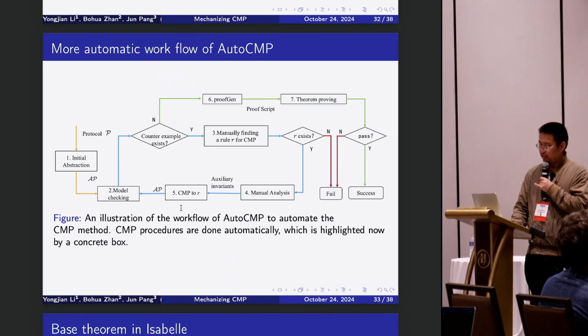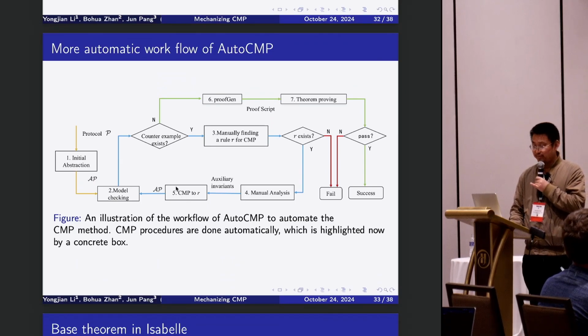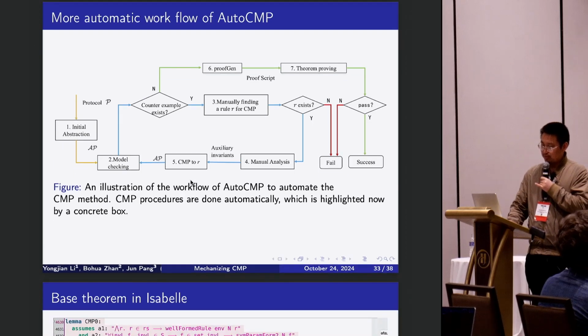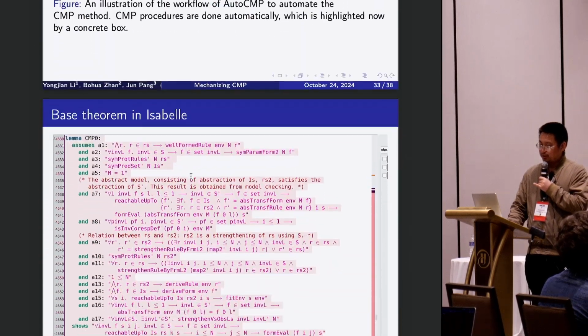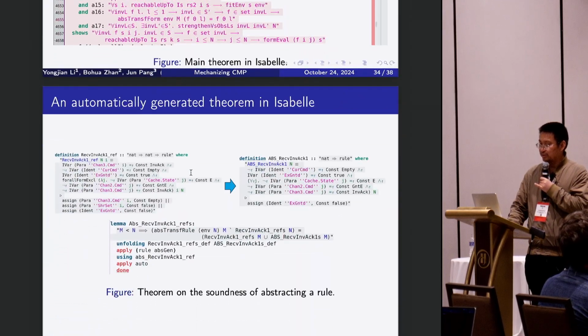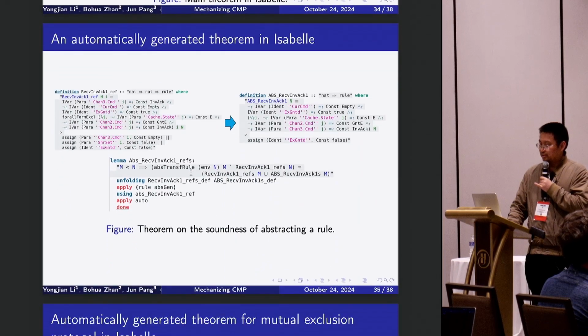Our work makes up the fifth part, where the CMP abstraction is done automatically. The three sides are the Isabelle theory, with theorems automatically generated from AutoCMP.